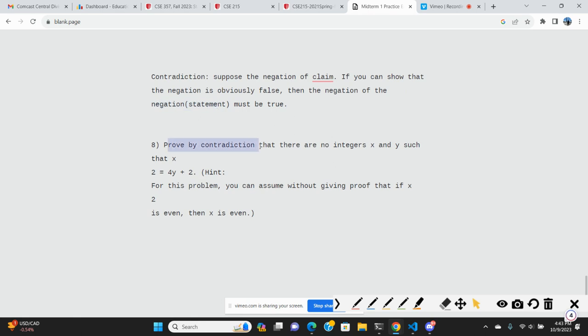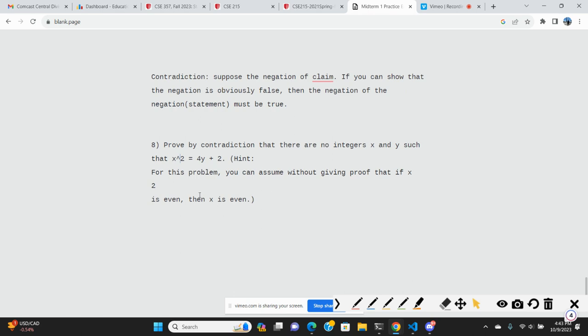So let's see, prove by contradiction that there are no integers x and y such that x squared is equal to 4y plus 2. And they give us a hint. For this problem, you can assume without giving proof that if x squared is even, then x is even. So proof by contradiction: you begin by supposing the negation of the claim.